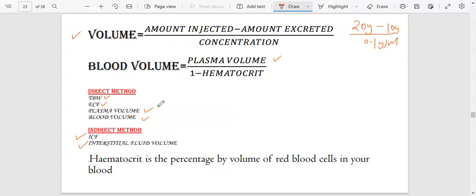So if you want to measure ICF, you first need to know the total body water and then you remove ECF. If you want to measure the interstitial fluid, you first need to know ECF. When you remove the plasma, you remain with the interstitial fluid volume.